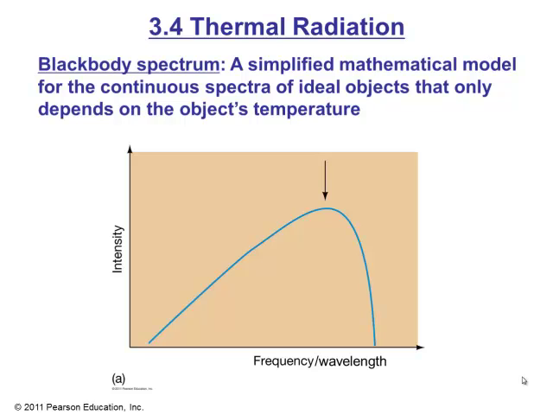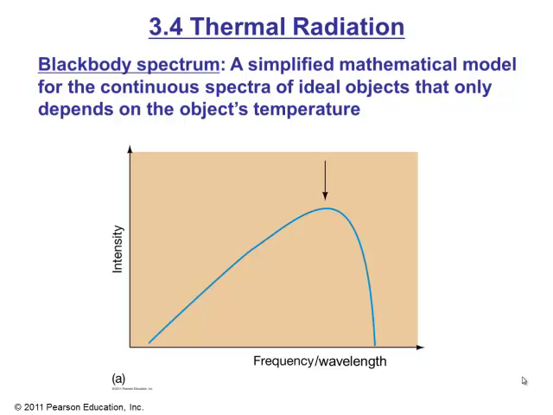The radiation emitted by a heated object is given a special name, and it's called blackbody radiation. A perfectly opaque object would be both a perfect emitter and a perfect absorber of radiation. At room temperature, such a perfect absorber and emitter would look black, but at higher temperatures, it would glow at wavelengths visible to the human eye.